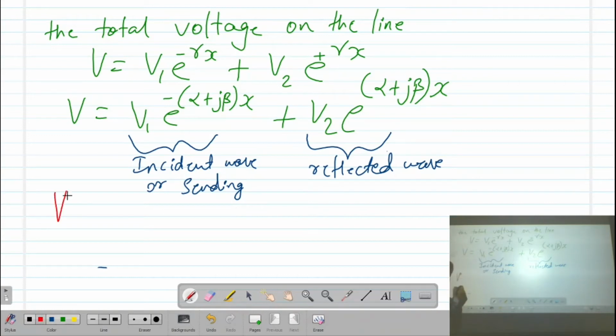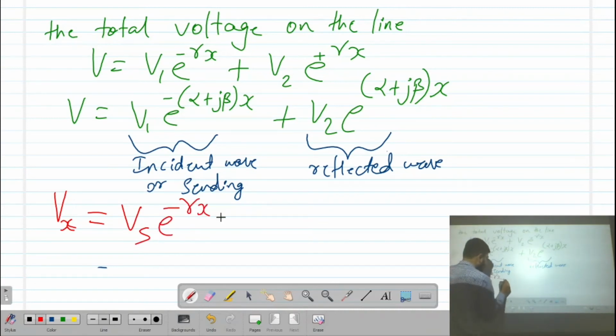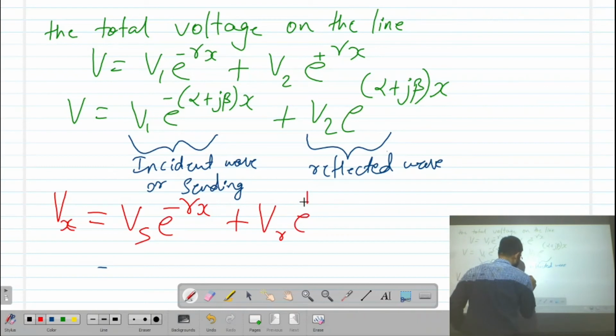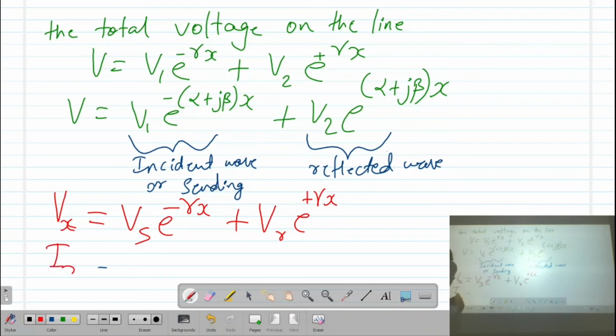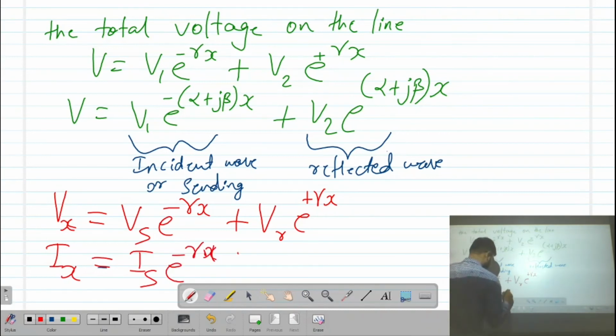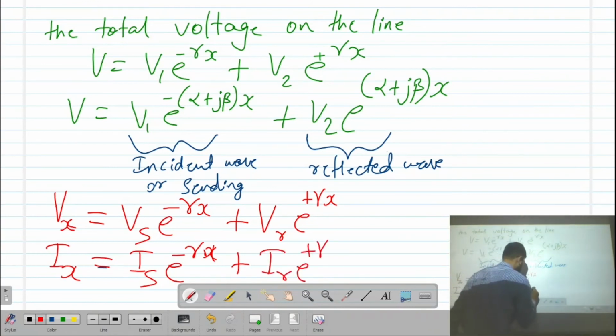That is, V for a length x is equals to Vs e raised to minus gamma x plus VR e raised to plus gamma x. S is nothing but the sending wave, and R is nothing but the reflected wave. Similarly, I of x will be equals to Is e raised to minus gamma x plus IR e raised to plus gamma x.